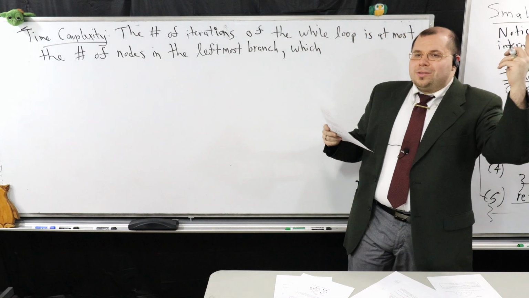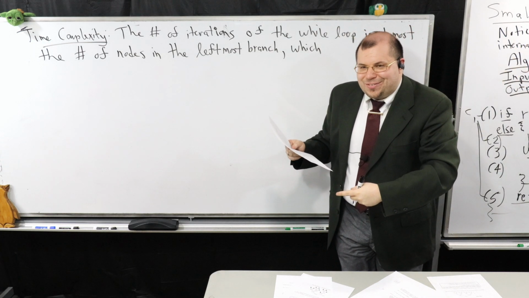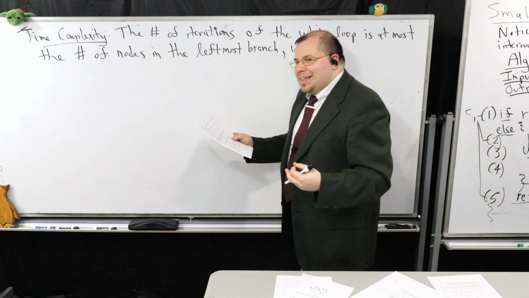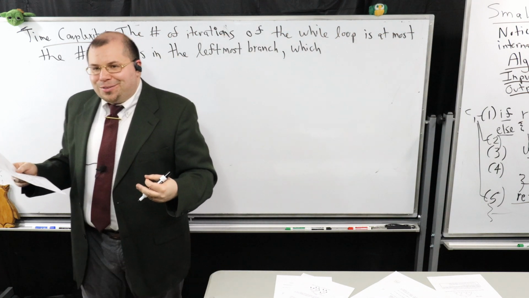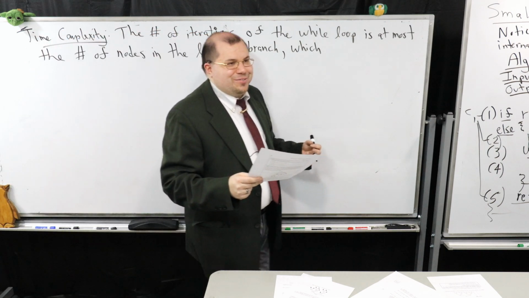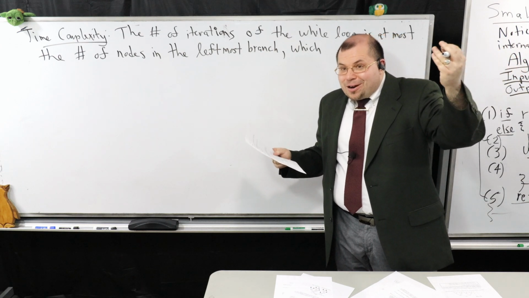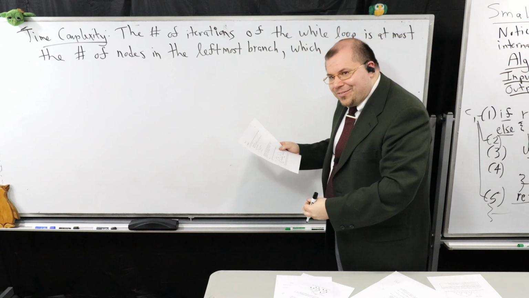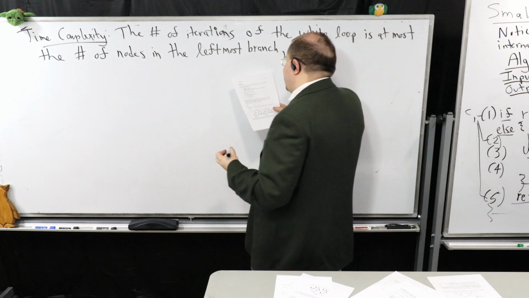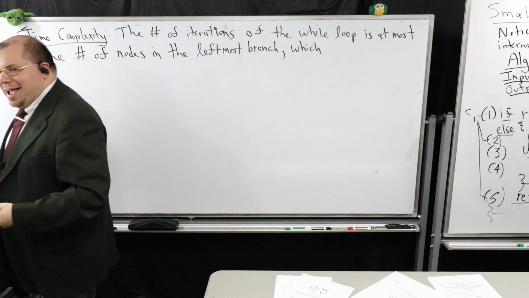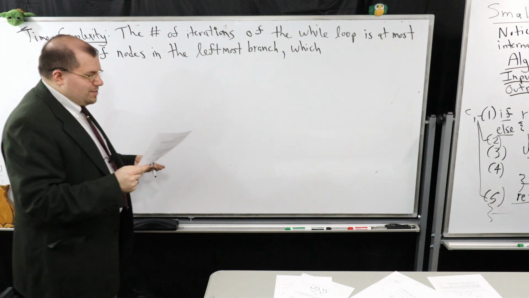And I go all the way down to a leaf. It's possible that I might actually be going all the way down to the deepest node in the tree, right? But remember, I start at the top and work my way all the way down to the leaf.